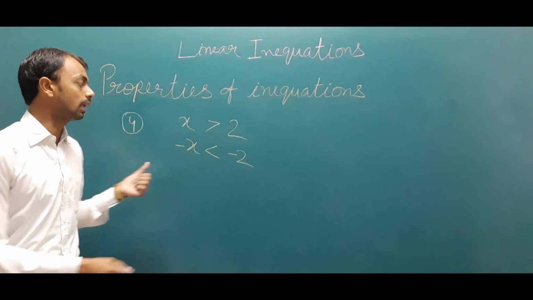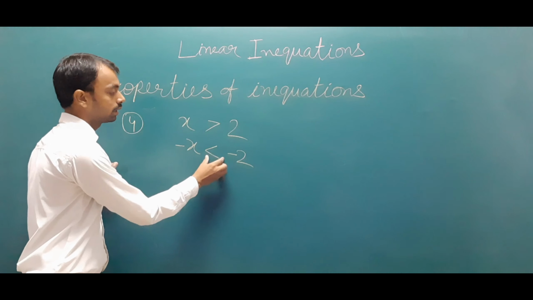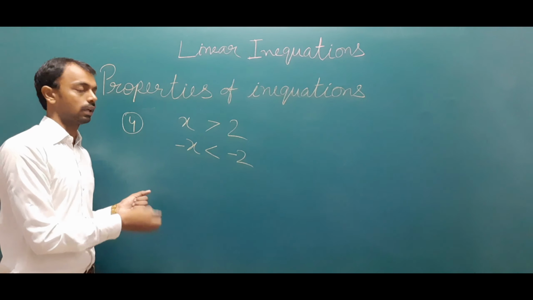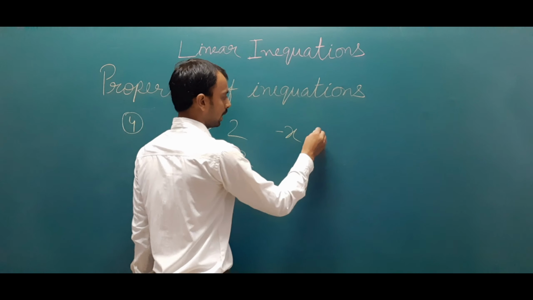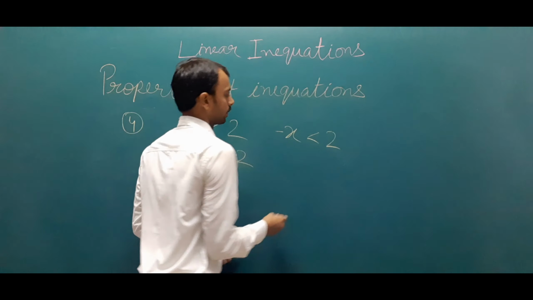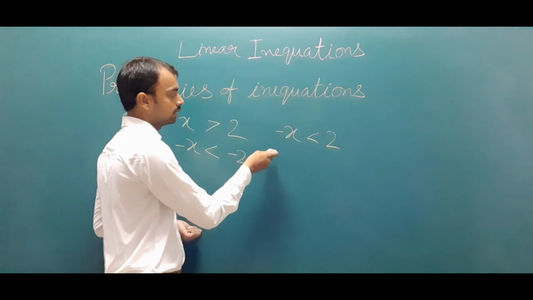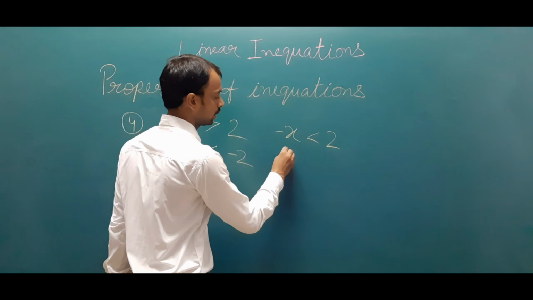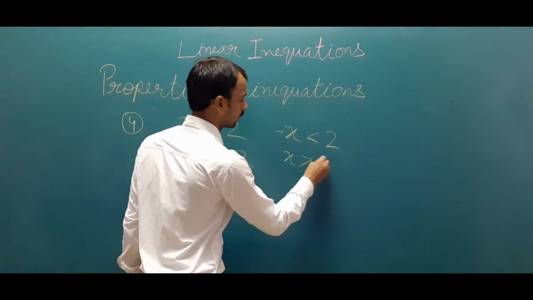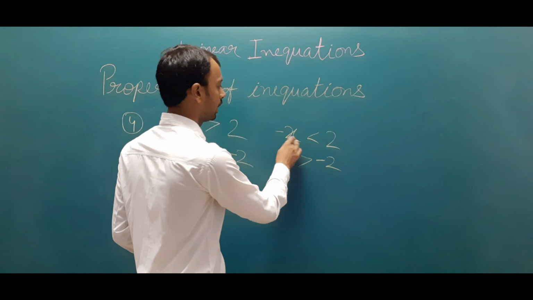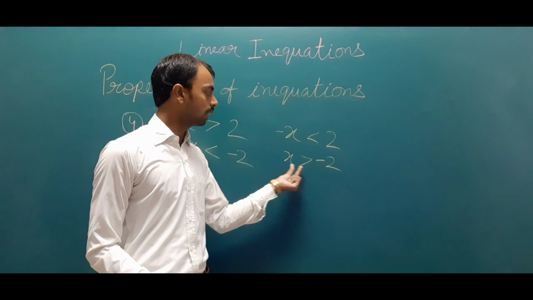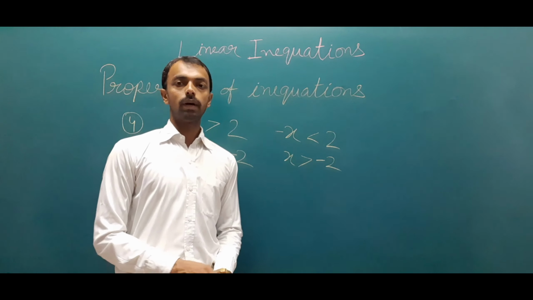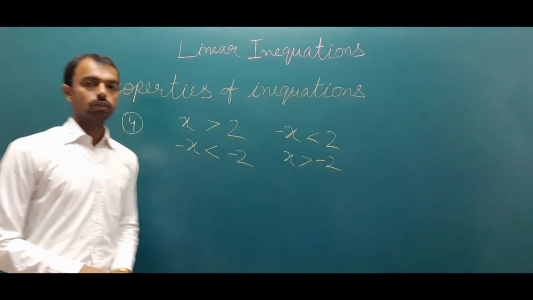Notice that the sign gets reversed, changed. If I take the inequation minus x is less than 2 and multiply by minus 1, what will happen? x will be greater than minus 2. Here minus x is less than 2, but when we multiply by minus 1, x will be greater than minus 2.